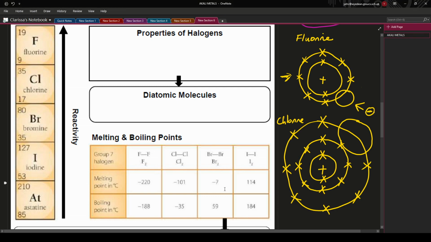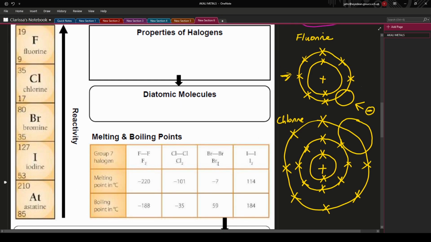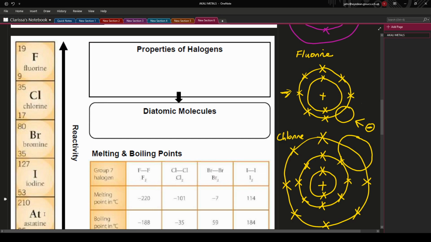Which is why we get that opposite effect, where fluorine is going to end up being the most reactive, whereas the larger ones are going to be less reactive. So reactivity is going to go up as you go up the group instead.